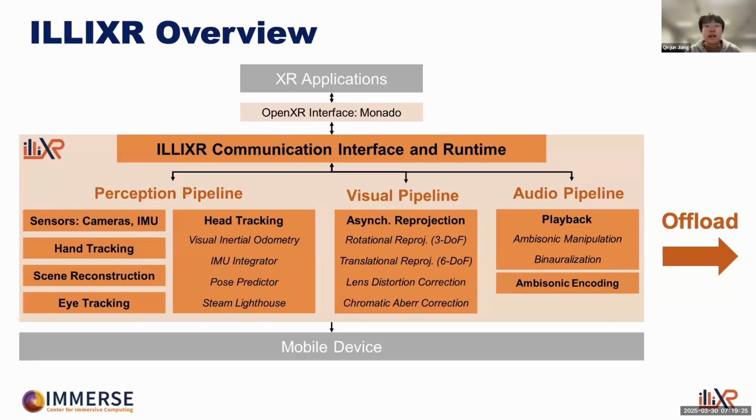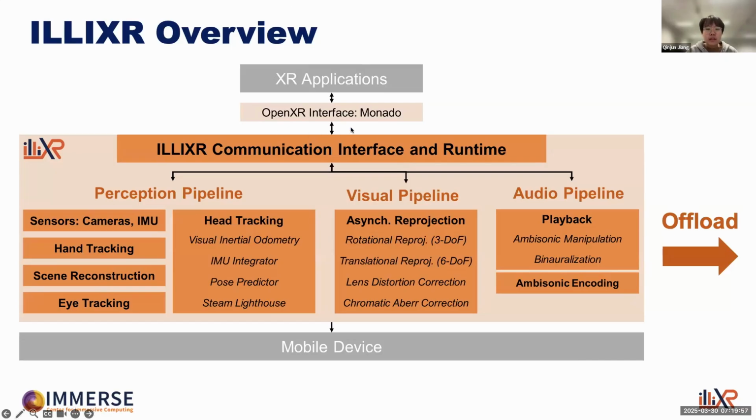All right, next, let's take a closer look into ILLIXR's architecture. This is a high-level diagram of the entire XR stack, all the way from the applications to the hardware where the system is running. On the top, you can see XR applications, and these could be applications written by yourself in languages like Vulkan or OpenGL, or developed with game engines such as Godot and Unreal.